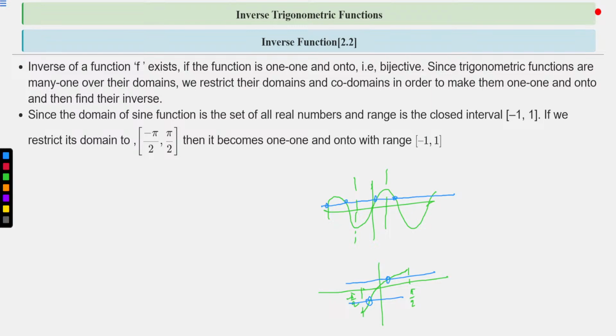So it is now one-one. Clear? So we are basically restricting the domain so that the function becomes one-one and onto, right? If the function becomes one-one and onto both, then we can say that its inverse will exist. Okay.